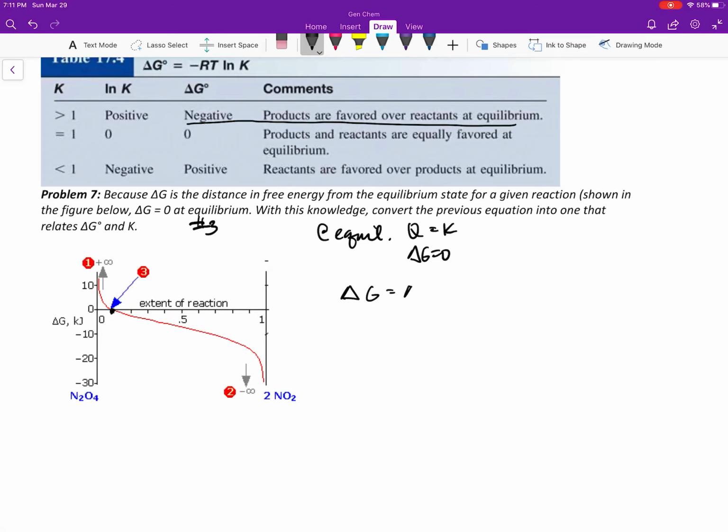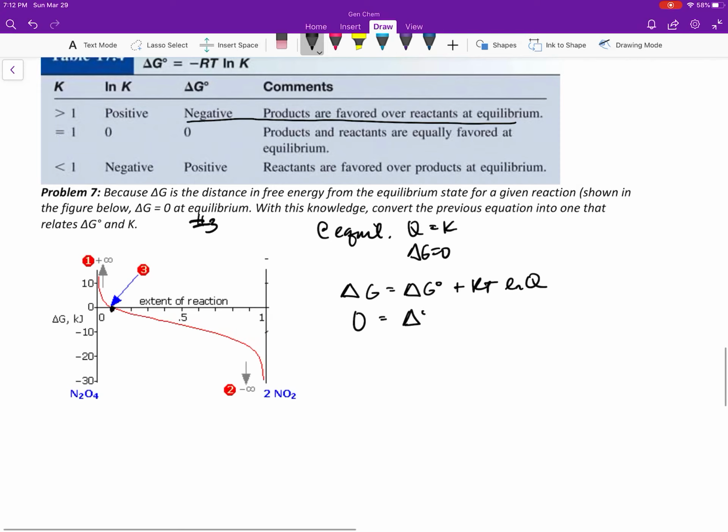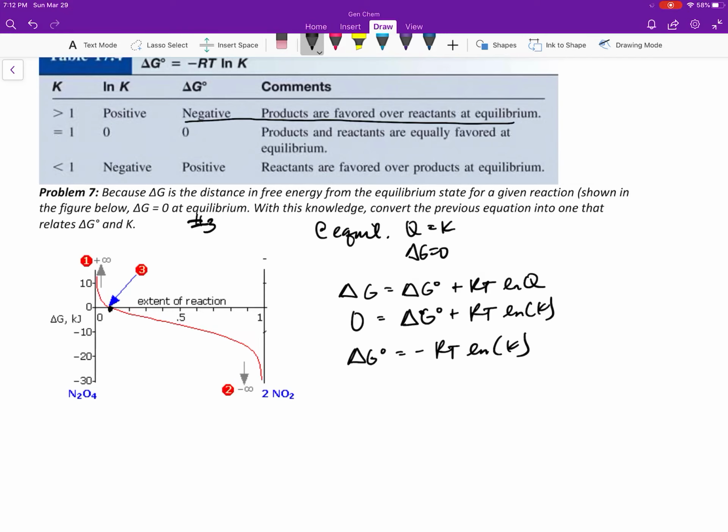Therefore, if we go back to that equation that we started with, and we start plugging in the assumptions we make at equilibrium, and then we start rearranging, so that K and Q are related, and K and delta G are related, we see that this is the relationship between delta G naught and the equilibrium constants.